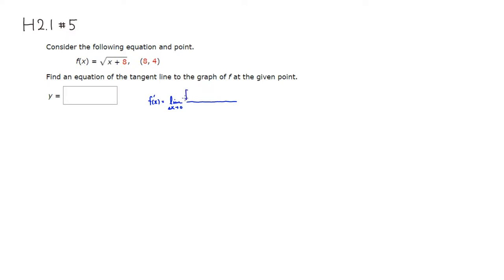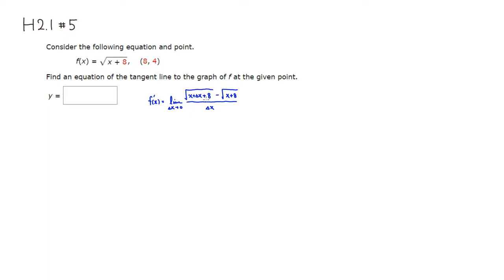So square root of x plus delta x, and then you have a plus 8, minus f of x, which is just the formula of the function, so I'm just going to copy that, square root of x plus 8, then divide by delta x.